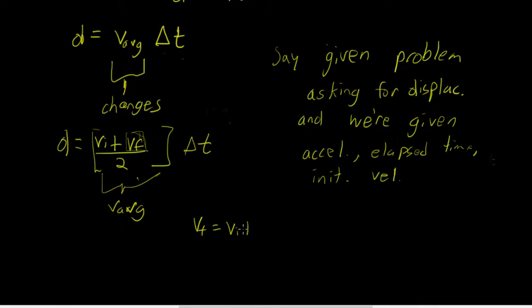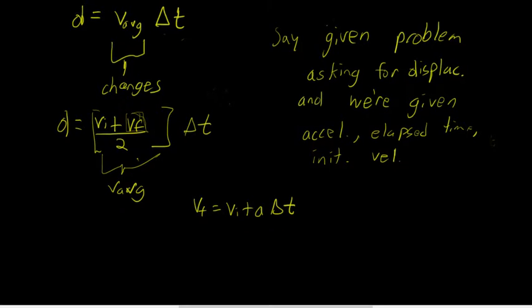is the initial velocity plus acceleration times the elapsed time. Because what is acceleration? Well, it's the rate of change of your velocity, right? So your acceleration is your final velocity minus your initial velocity over your elapsed time, right?